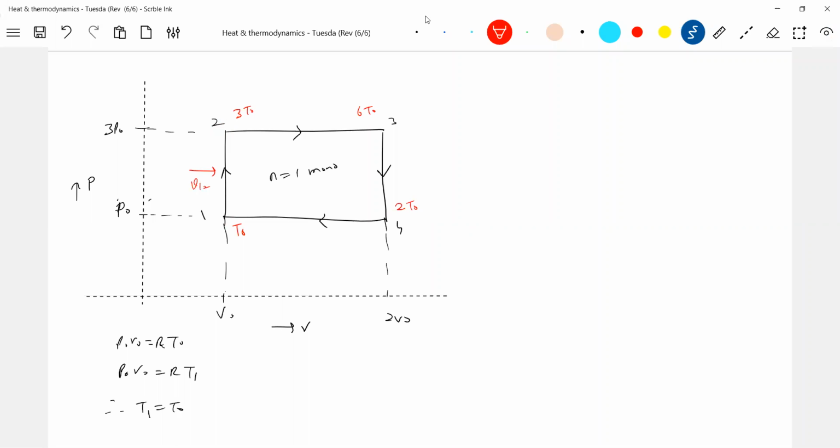Then similarly, 2 to 3: pressure constant, volume increasing, so isobaric heating.